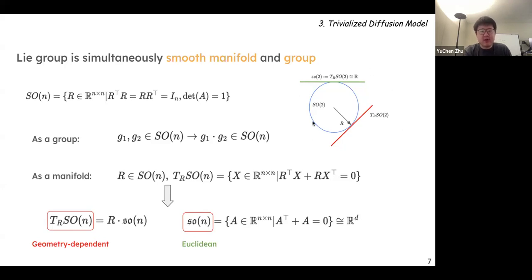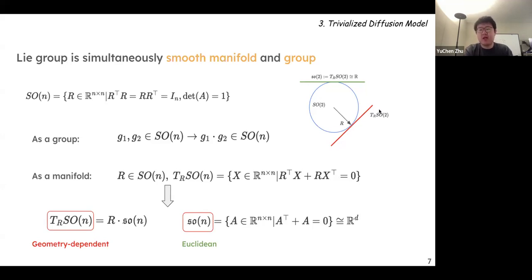One simple way of understanding this relationship is to look at the case where n equals 2. In this case, SO(2) is essentially the unit circle, and the green line is the linear space, the tangent space of the manifold at the identity element, which is isomorphic to R. And the red line is the tangent space of the manifold at this rotation angle R.